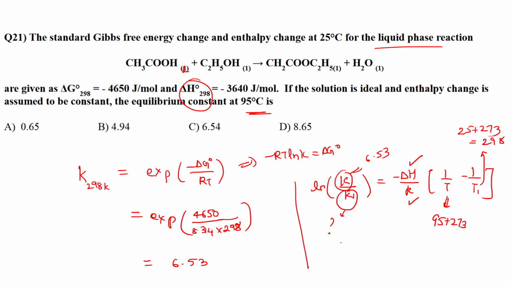So upon solving this equation, you will get K at 95 degrees Celsius equal to 4.9, which is equal to this option.